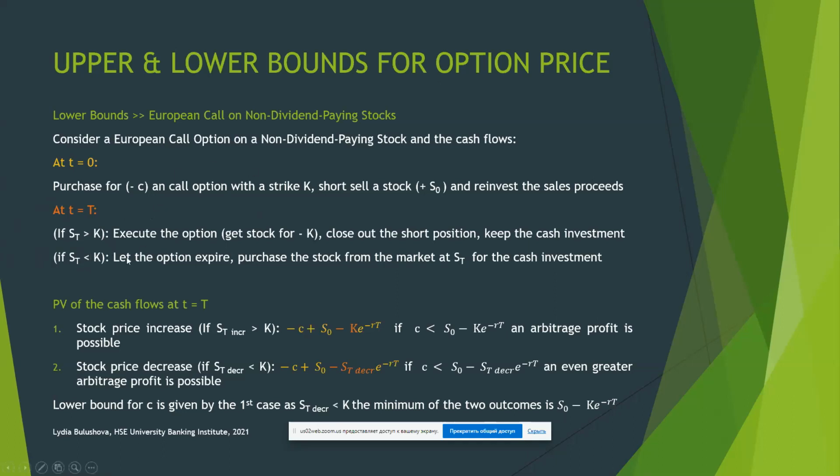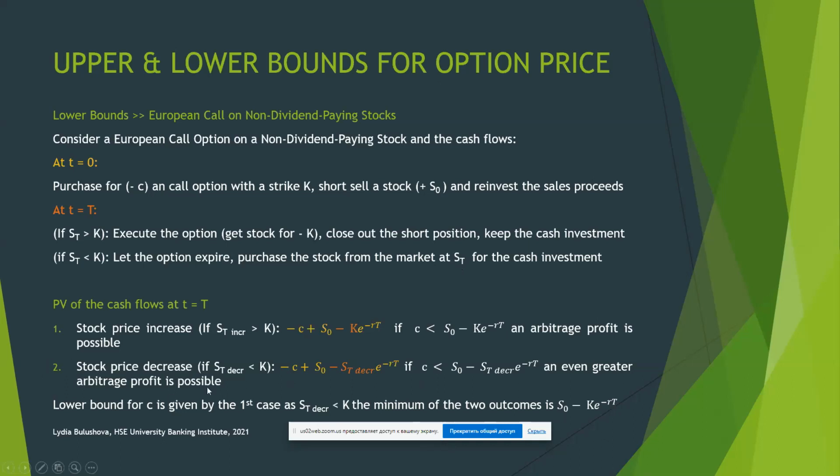So in this case, the option expires worthless. We just purchase the stock from the market to close our short position. We pay S sub T for the stock.